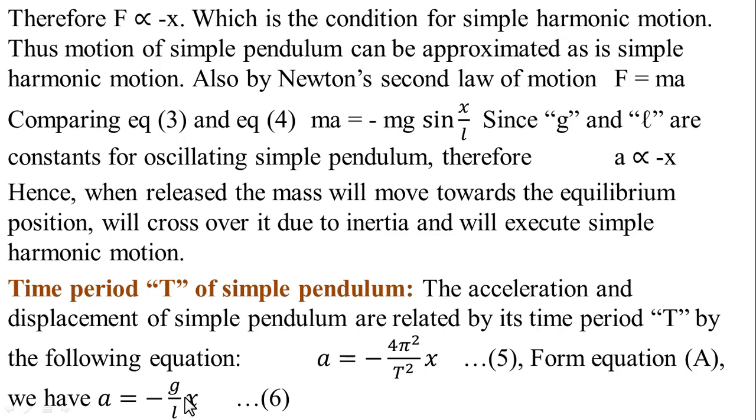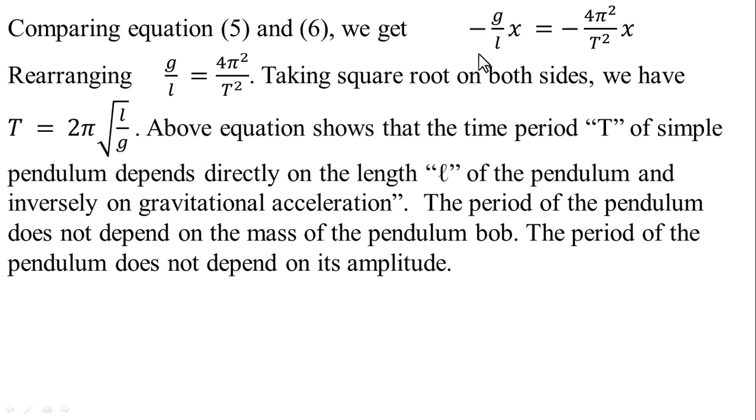Now a is equal to minus g over L x. Comparing equations 5 and 6, we get minus g over L x equal to minus 4 pi square x upon T square. The negative signs cancel out and x cancels out x, then g over L is equal to 4 pi square upon T square.